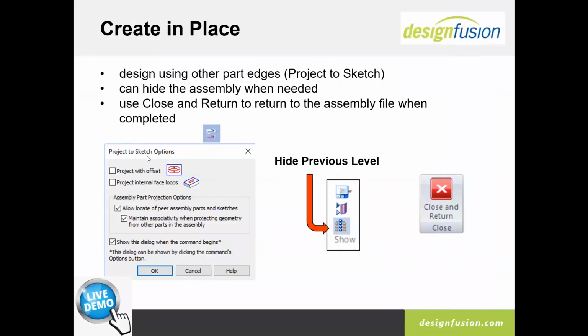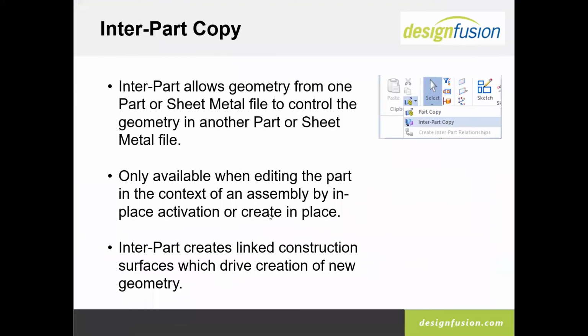So there you use the project to sketch command. Another way of doing this is using what we call an interpart copy. Interpart copies can only take place when you insert in, or IPA, in-place activate, from the assembly. You can't just open a part and do an interpart copy.